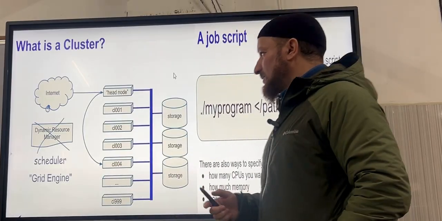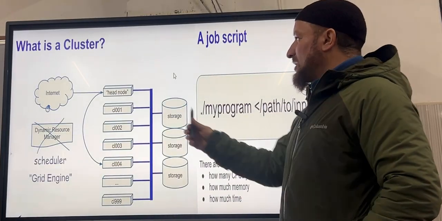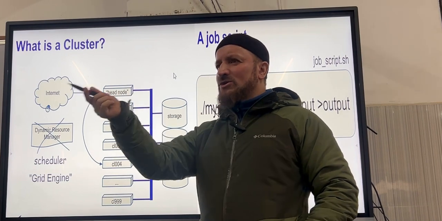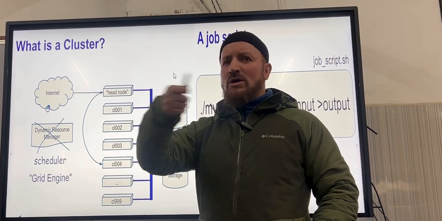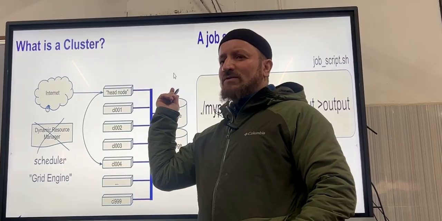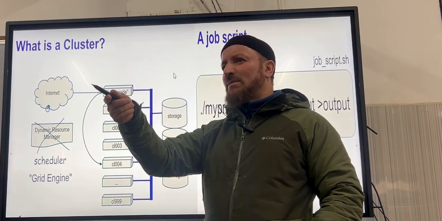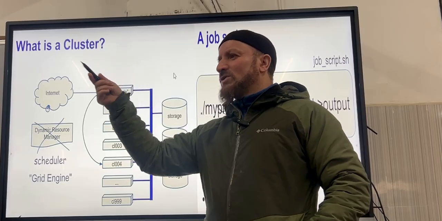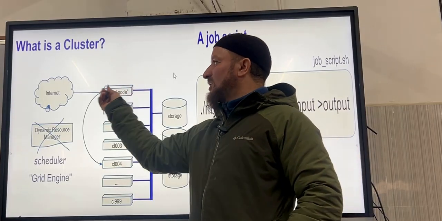Okay, and done. The head node is a special node in the cluster, the same computer, but it acts like a monitor. Like you have a CR, you're all the same students, but the CR has the connection with the office and all, right? Similarly, the head node has the connection with the internet.